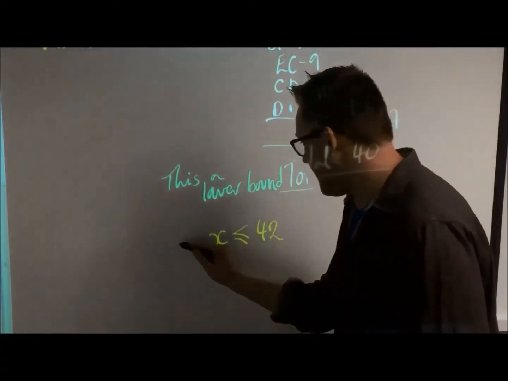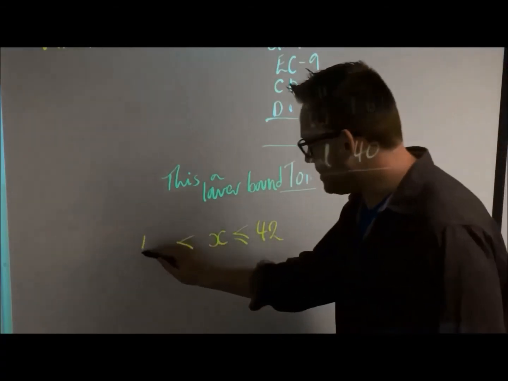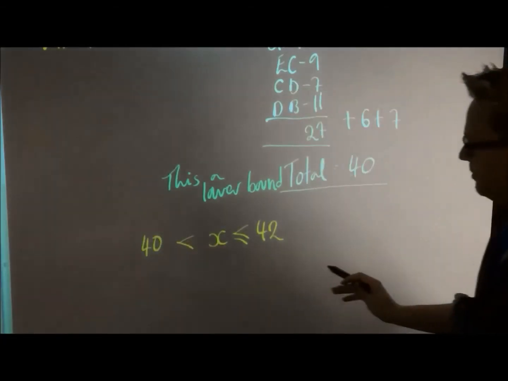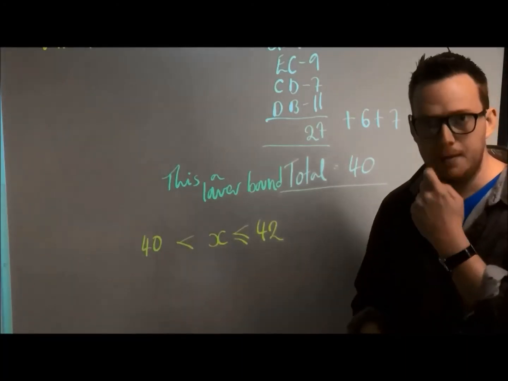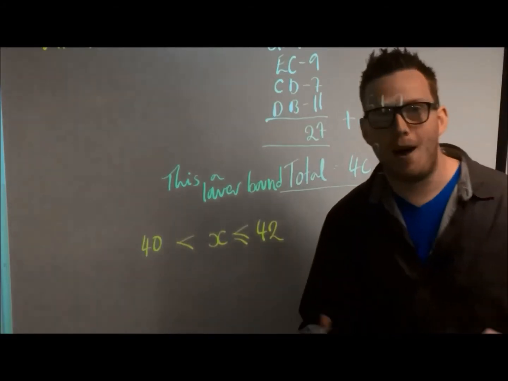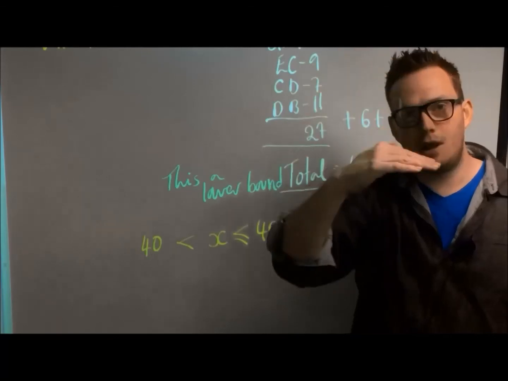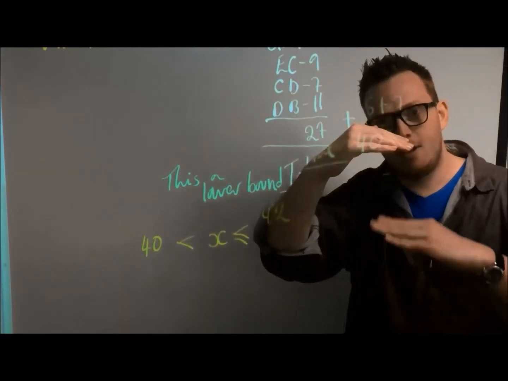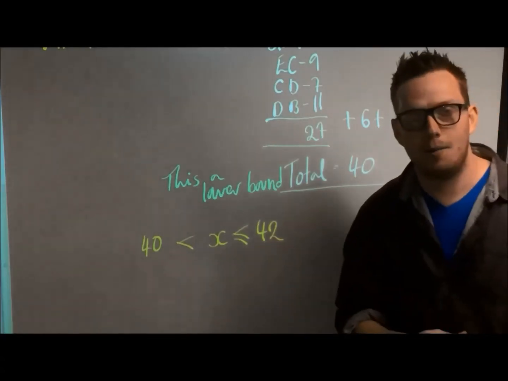And I also know that this lower bound is 40, so the actual answer, the best possible route, is somewhere between 42 and 40, okay? And the opposite with the lower bound, the best lower bound is the highest lower bound, because we want the upper bound to be as low as possible and the lower bound to be as high as possible.